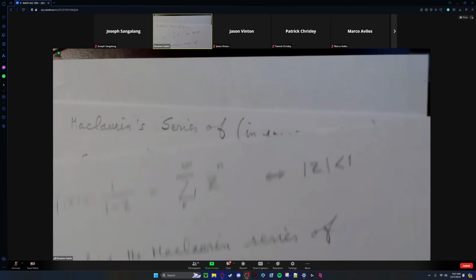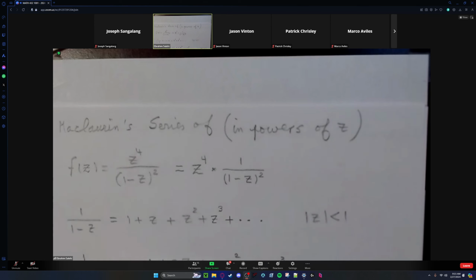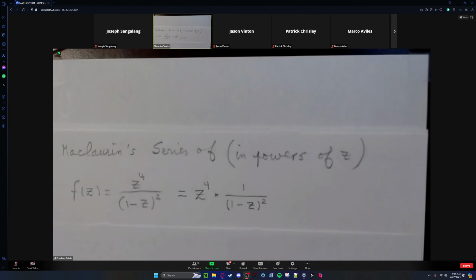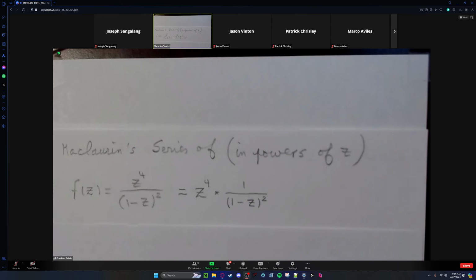Let's see if I have another example for you. I do. Here is another one. I want to write the Maclaurin series of this function: z to the 4 divided by 1 minus z squared.